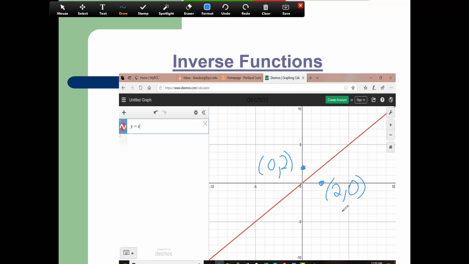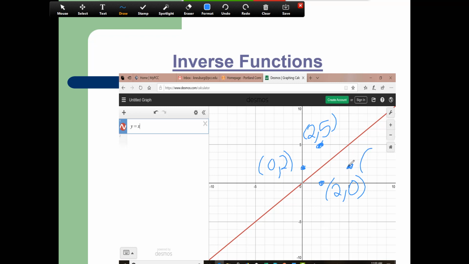Let's see if this still works with another point. So let's say we choose this point right here, and this point is 2, 5. If I were to fold my paper on this line, y equals x, and I reflected this across it, instead of at 2, 5, it's going to be right here at 5, 2.